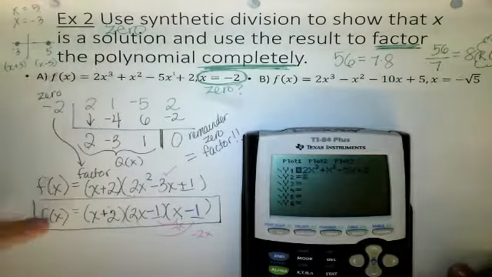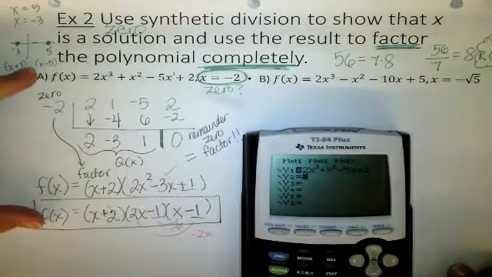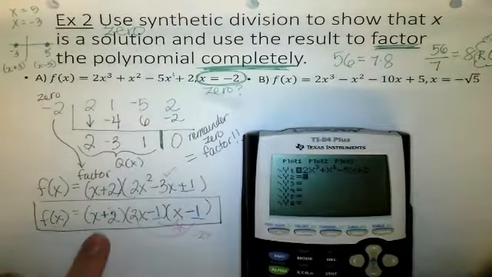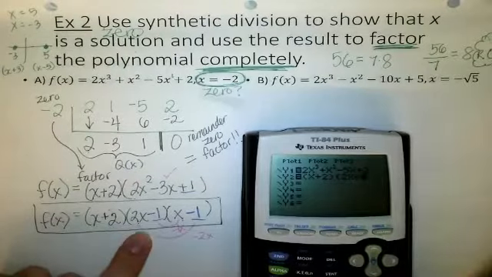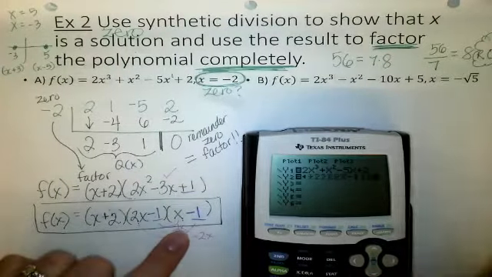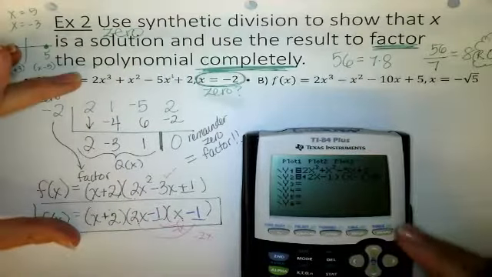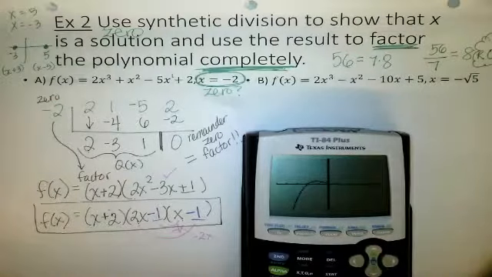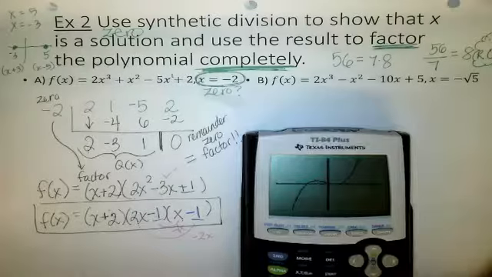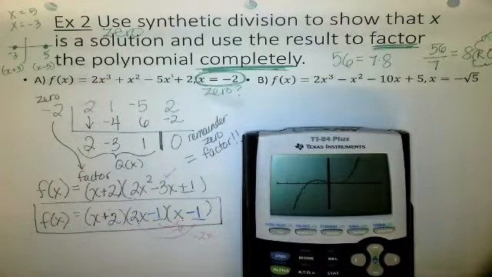And you'll notice they both say f of x, which means they should be equal to each other. They're both labeled the same. And I'm going to type in x plus 2, 2x minus 1, and x minus 1. If you graph both of these functions, what should they look like? They should be the same. And you'll notice that's probably not what your graph looks like, but they're the same thing.